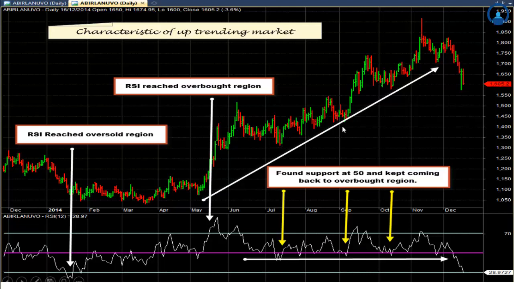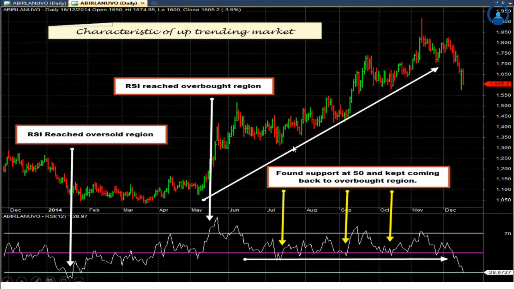And you must know that higher bottoms are a characteristic of an upward trending market, and RSI tends to find support at the level of 50 time and again. Every time RSI reaches the level of 50, prices tend to find support, change their direction and surge higher.